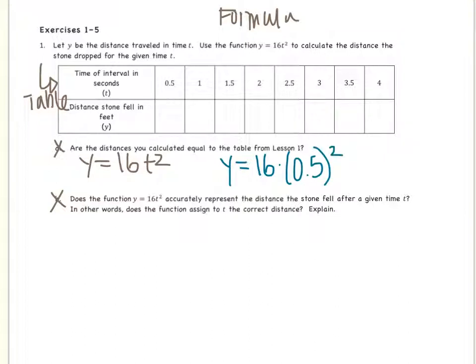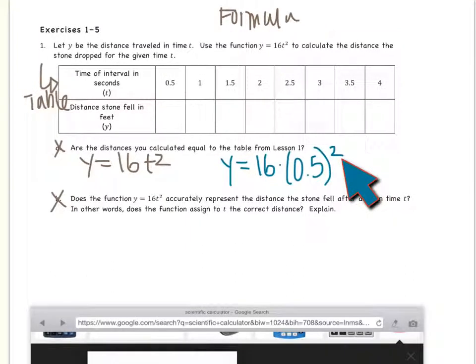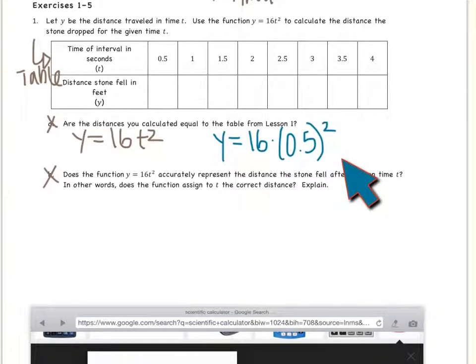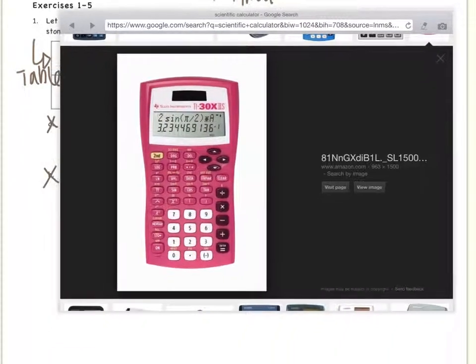Make sure that you know where the squared button is on your calculator. I pulled up a scientific calculator. Here is your squared button.